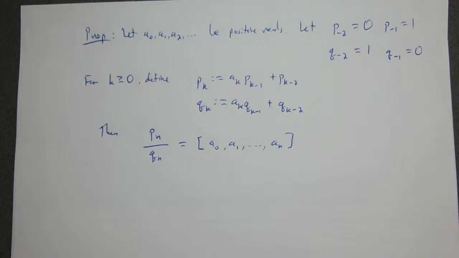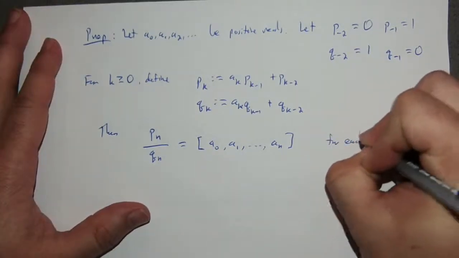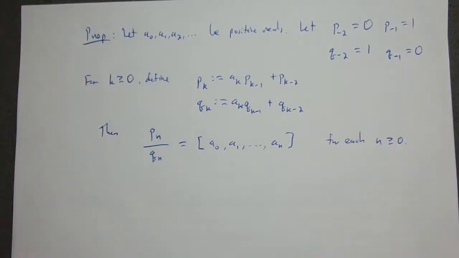And this is true for each n. Any ratio P sub k over Q sub k is called the kth convergent of the continued fraction in question. So I'm not going to really use that terminology, but that's what it's called.